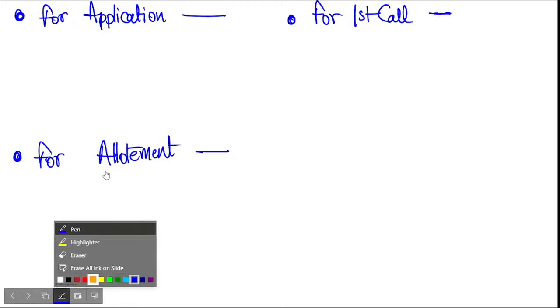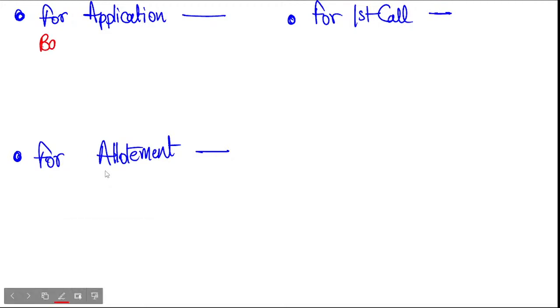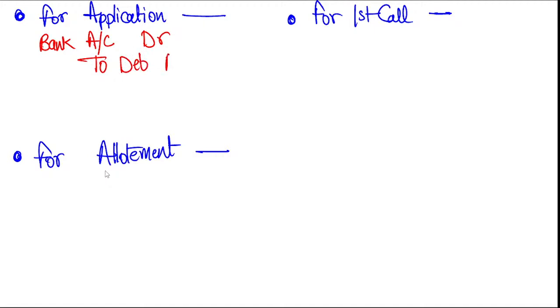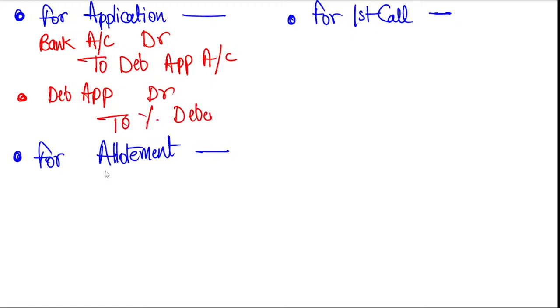So entries for application. First we will receive application, bank account debit to debenture application account, and then we will transfer this money, debenture application account debit to percentage debentures account. So these are the entries for application.